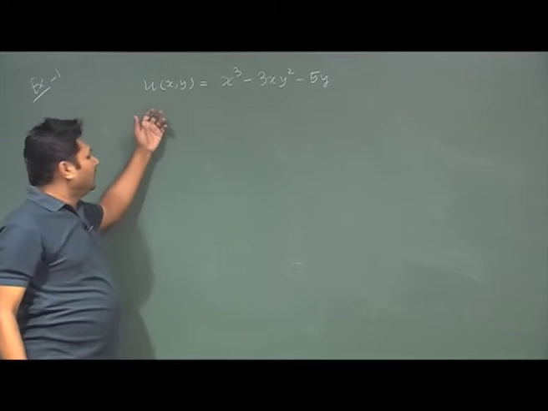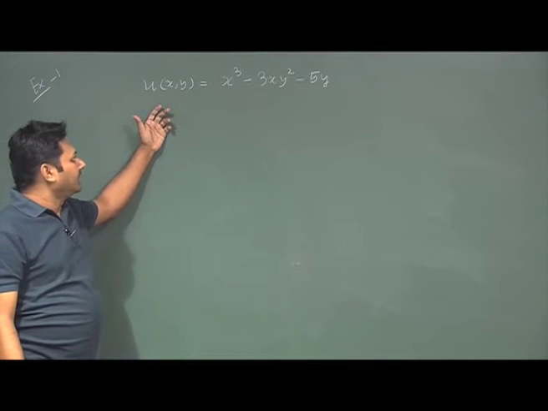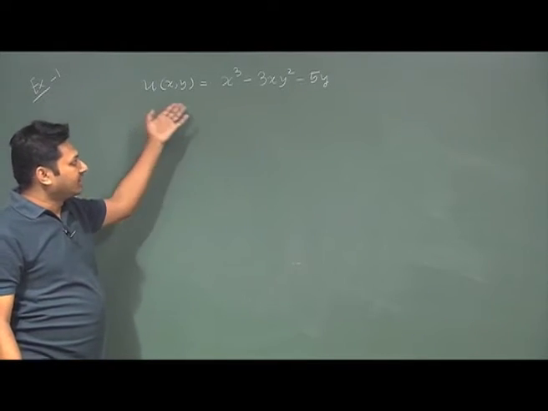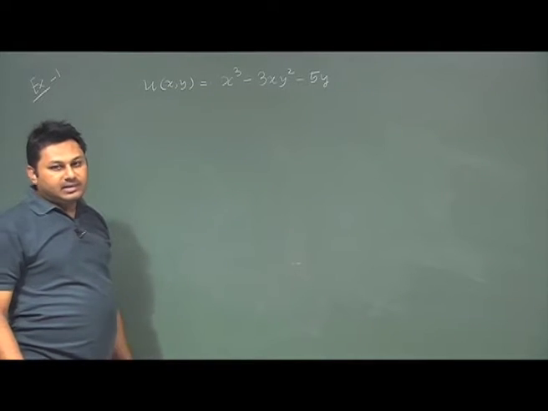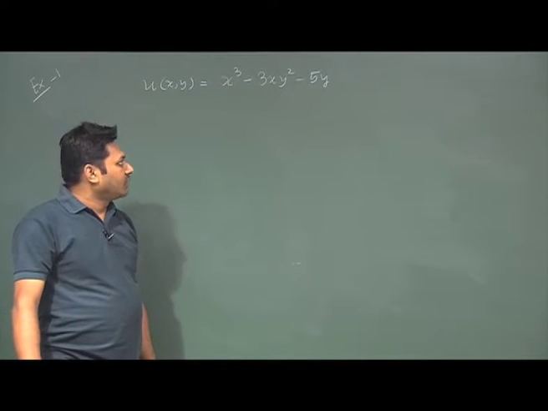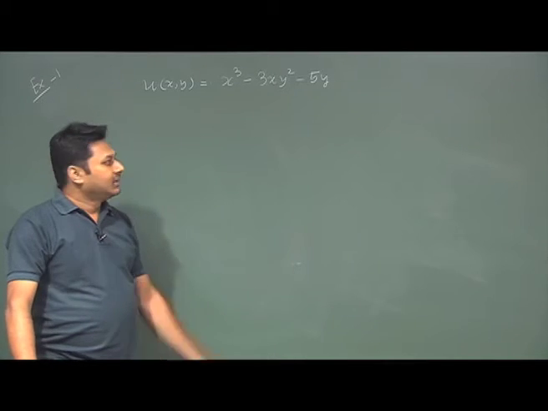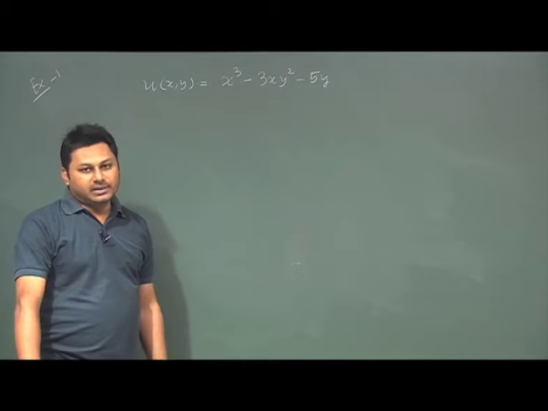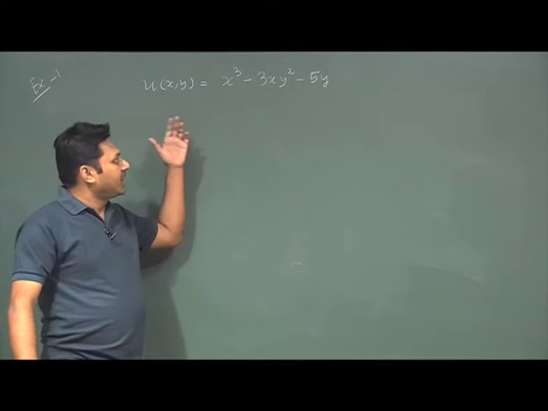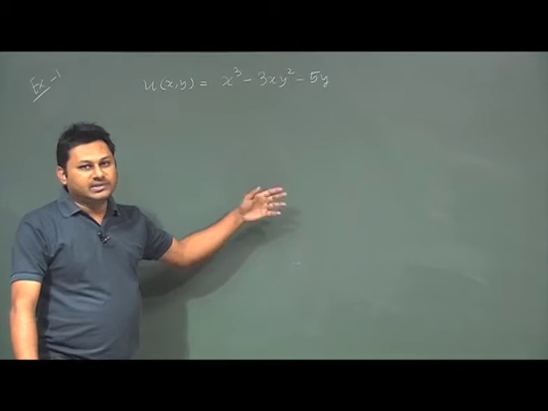Now, if u is given to us like this way, just a functional form. Now, the next thing is that you are asked to find out what should be the v for this u, so that you will have u plus iv, a form which is analytic in nature.